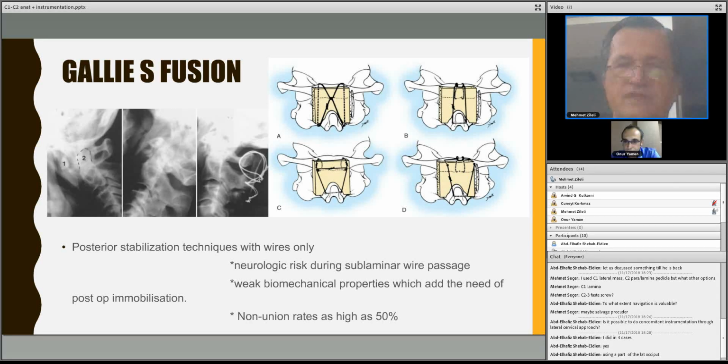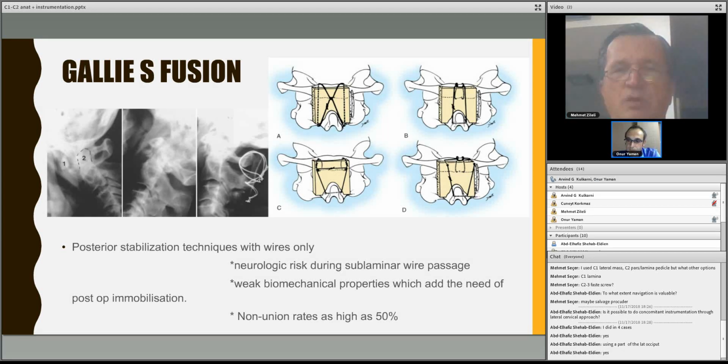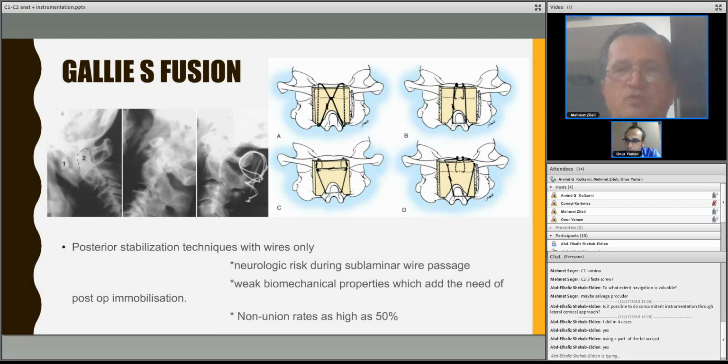Using a part of the lateral occiput. Okay, so then you are doing an occipitocervical fixation, do you? Abdülhafiz is saying that with the lateral approach he is fixating from occiput to C2 body probably. Is it C2 body?